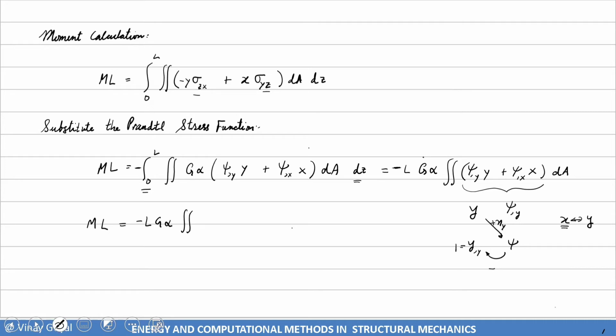And also that happens for x, so you get two of them. 2 c, but that's a minus sign, so that's a minus dA.